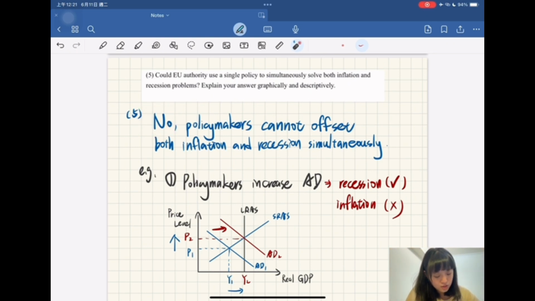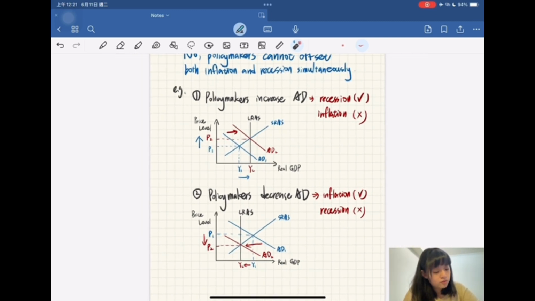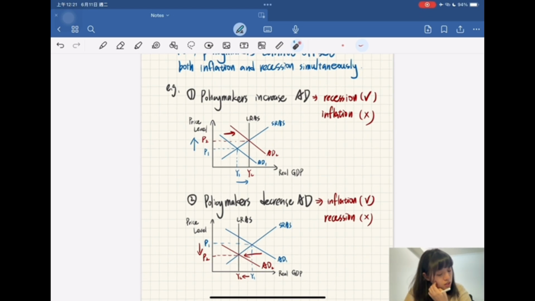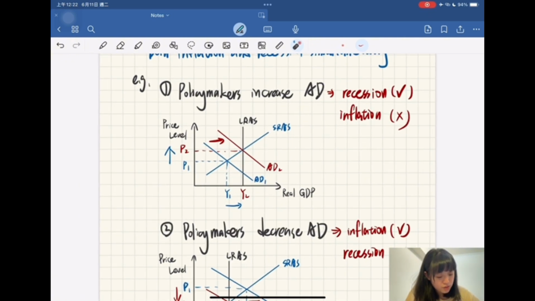And the last question is, could the European authority use a single policy to simultaneously solve both inflation and the recession? And for me, the answer is no, because the policymaker cannot offset both inflation and recession simultaneously. So why is that? We can use the graph to discuss.